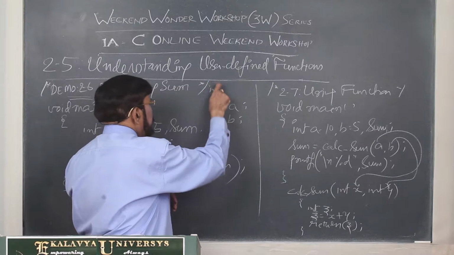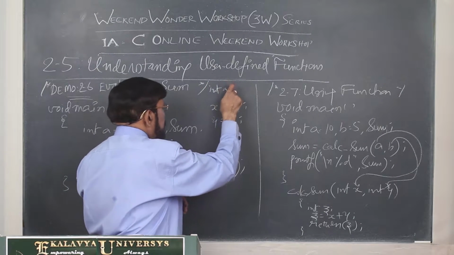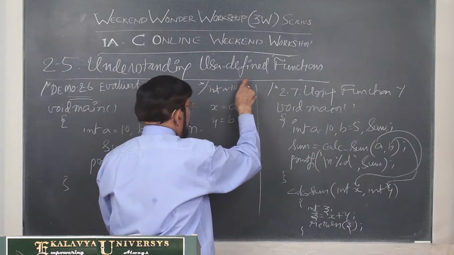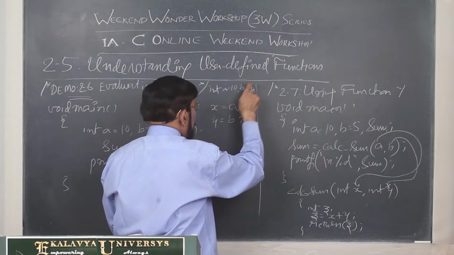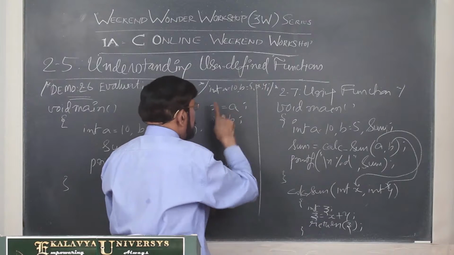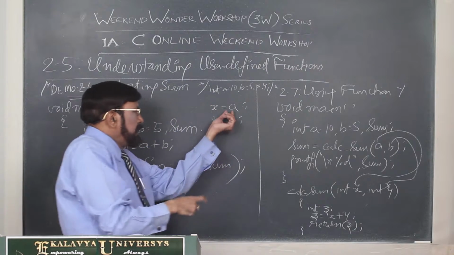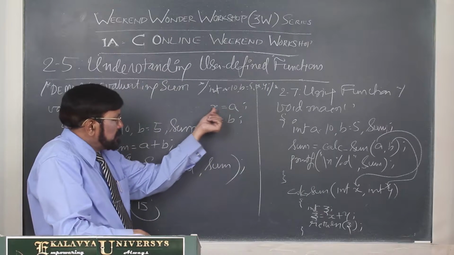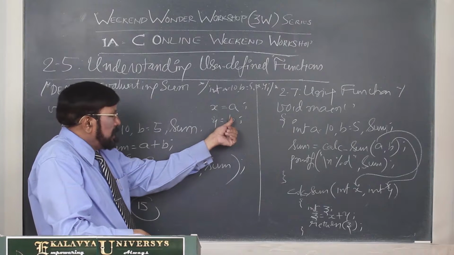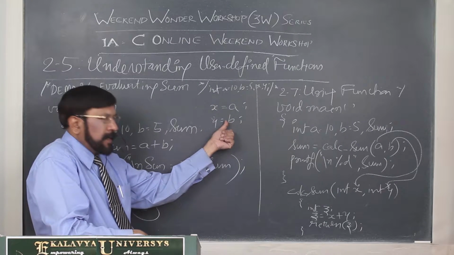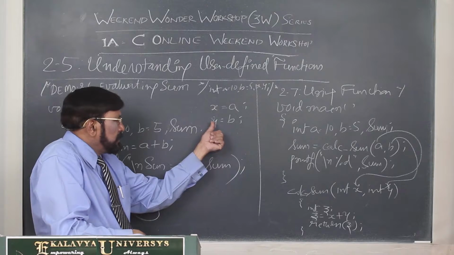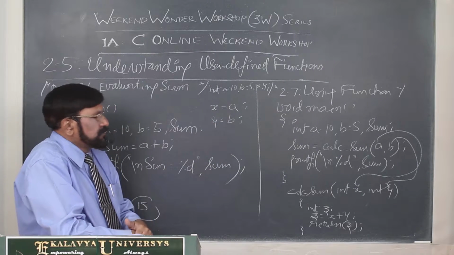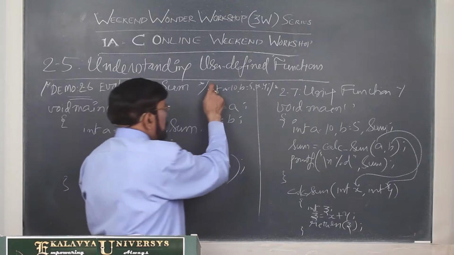Suppose int a is equal to 10, b is equal to 5, x, y. You have defined like this, and x is equal to a, a's value is copied into x, then x's value is 10, and b's value is assigned to y, then y's value is 5. You never get a doubt.